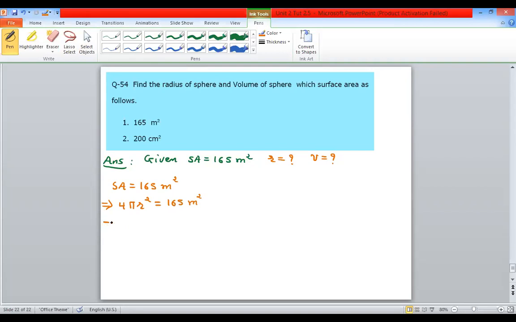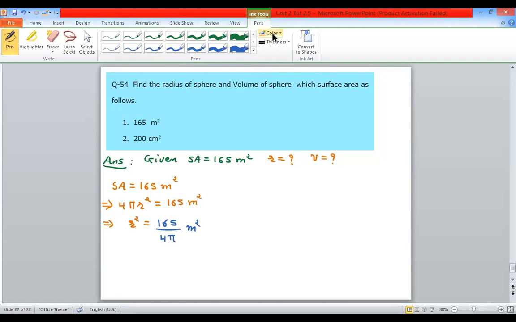So look here, r square is the subject. The 4 pi goes to the denominator of the 165. So r square is 165 divided by 4 pi meters square. Put the value of pi, pi is 22 by 7.